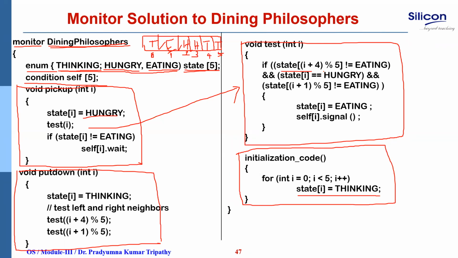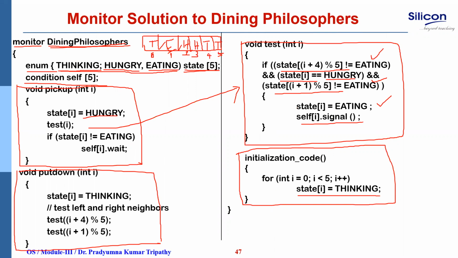That means if state of I plus 4 modulo 5 is not eating, and state of I is hungry, and I plus 1 modulo 5 is not eating, if the 2 of its neighbors are not eating and this is hungry, then what will you do? We'll change the state to eating and we'll give a signal over here.